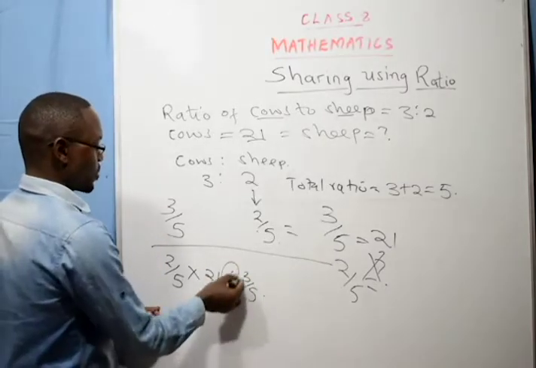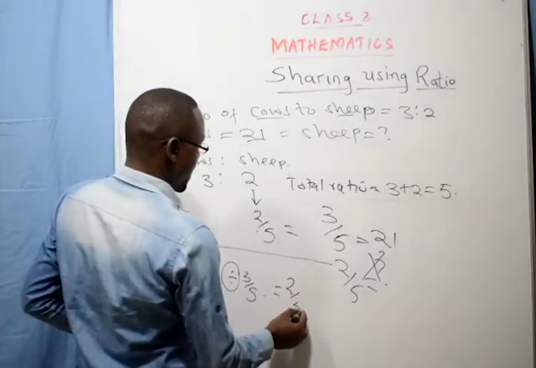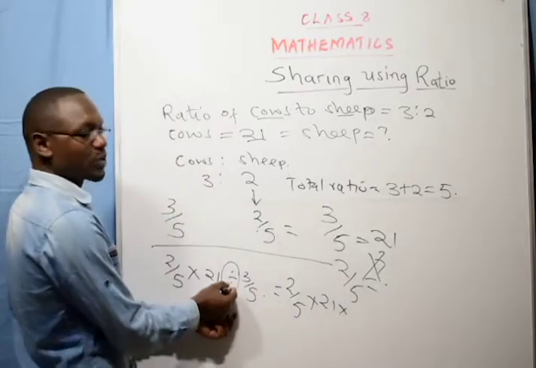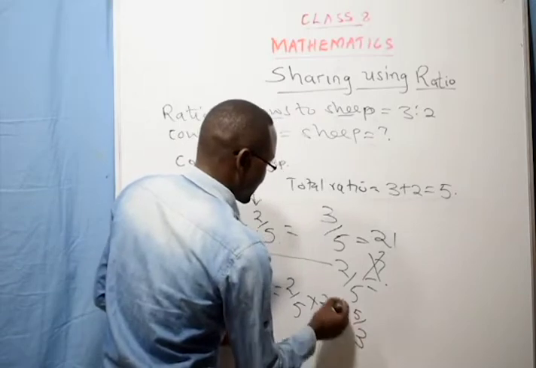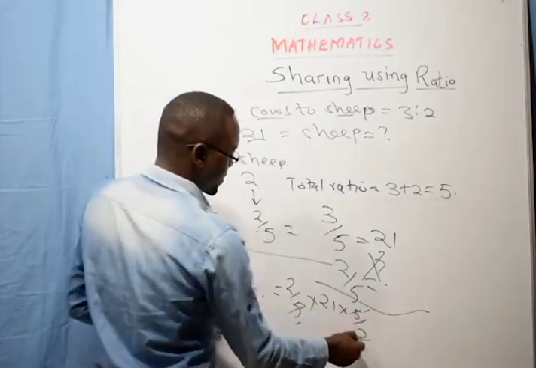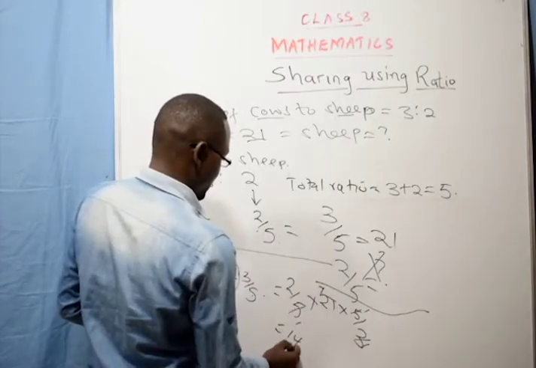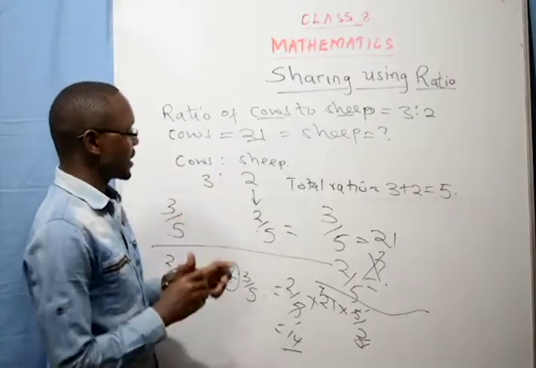You know what we said about division of fractions. We write this as 2/5 times 21, change the division sign to multiplication, then multiply by the reciprocal, 5/3. We simplify: 5 into 5 is 1, 3 into 21 is 7, and 2 times 7 gives 14. The same answer. So that is how we work out sharing using ratios.